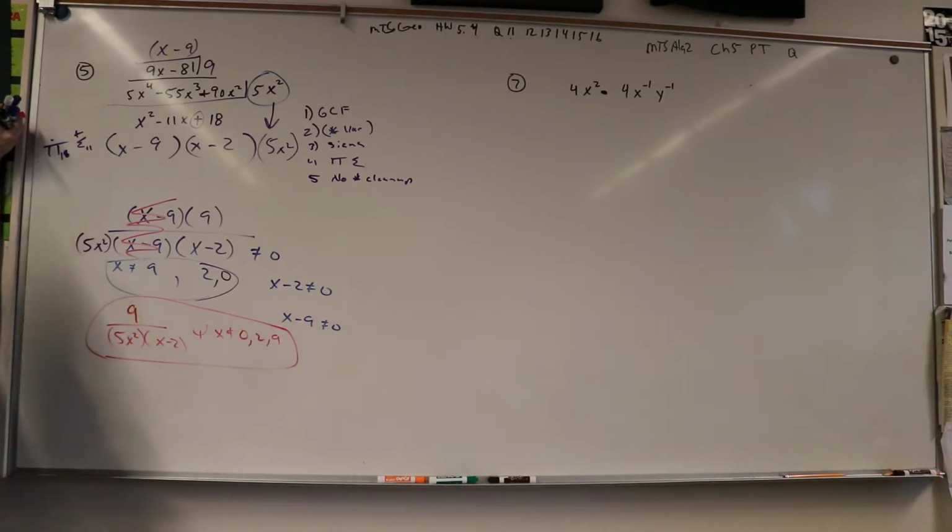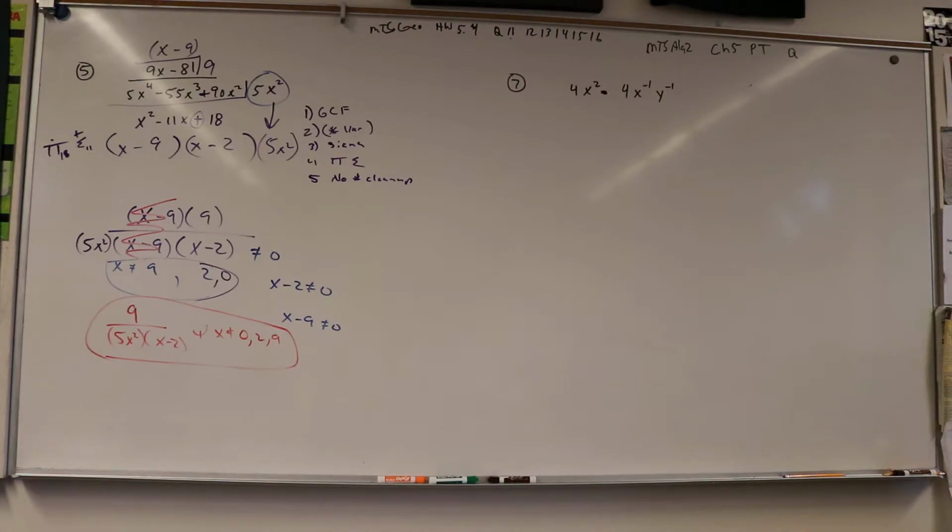Now it's more appropriate to put them in ascending order. I don't mind if you say such that, if you say x cannot be such that, or if you say whereas. It's really up to you.